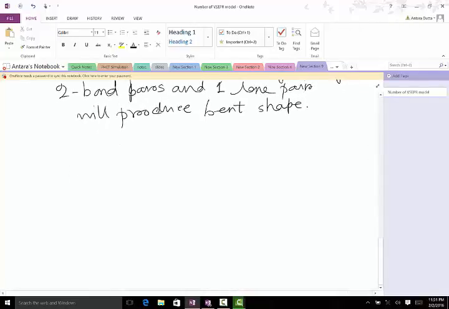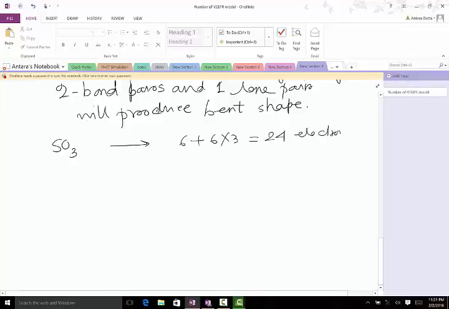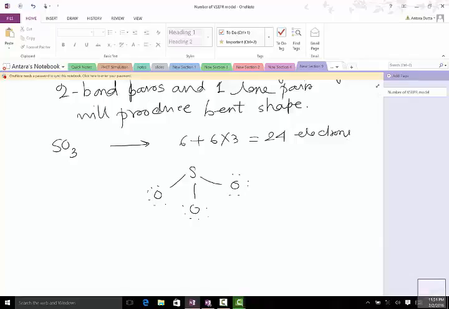Now if you think about sulfur trioxide in contrast, sulfur trioxide has 6 plus 6 times 3, total 24 electrons. And if you put sulfur as a central atom and then satisfy the terminals with octet, you have used all 24 electrons, but sulfur still doesn't have 8 electrons.